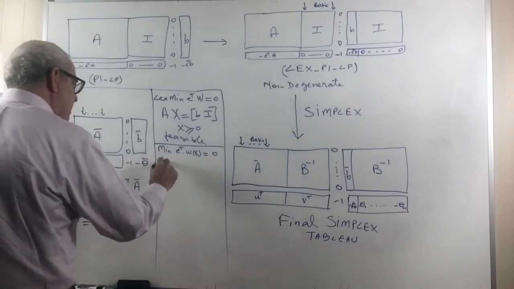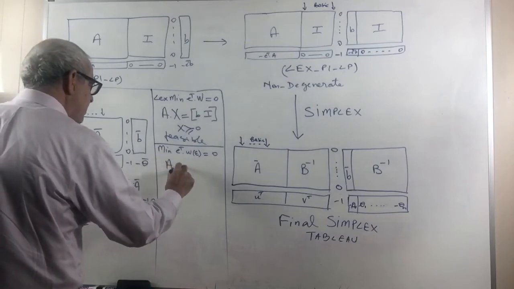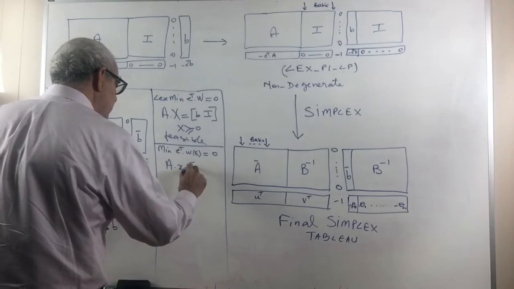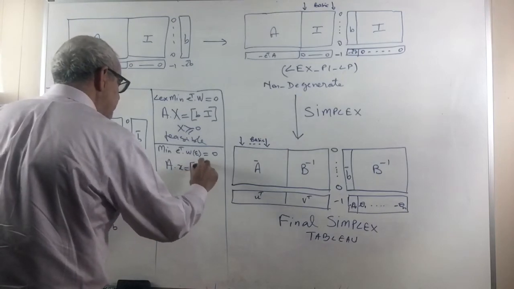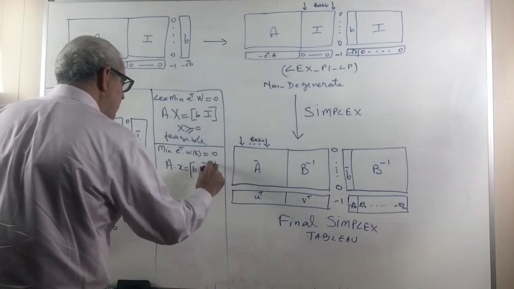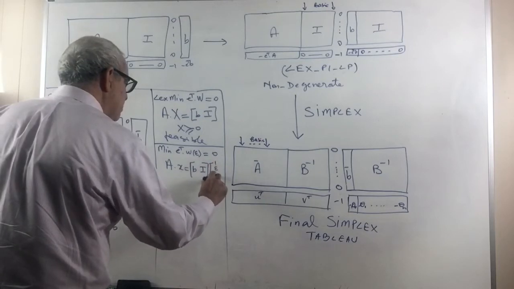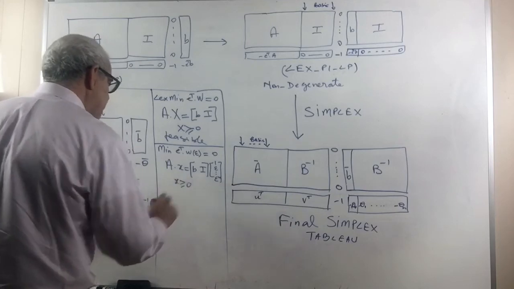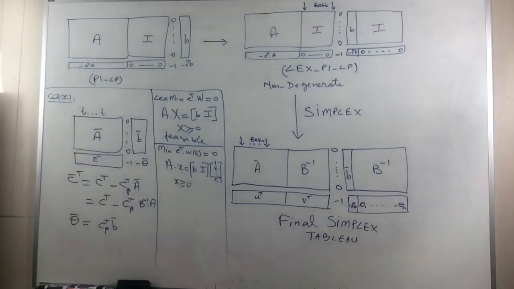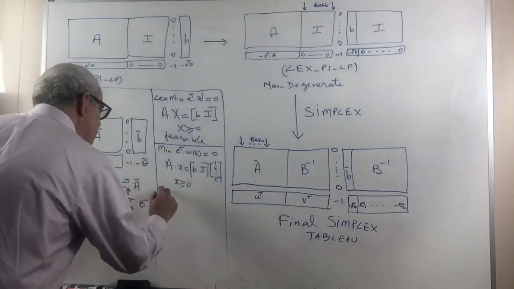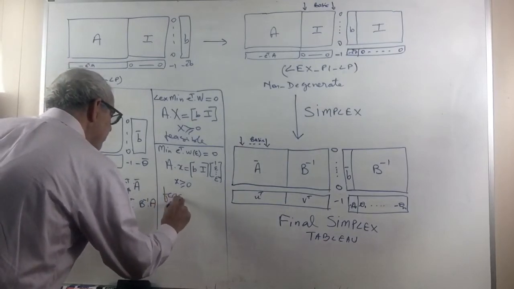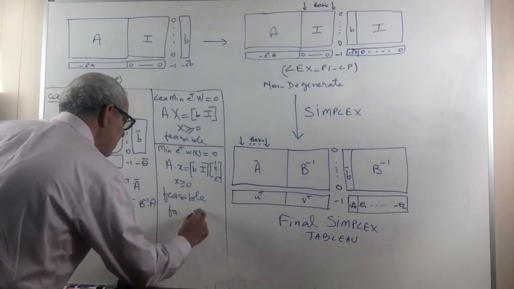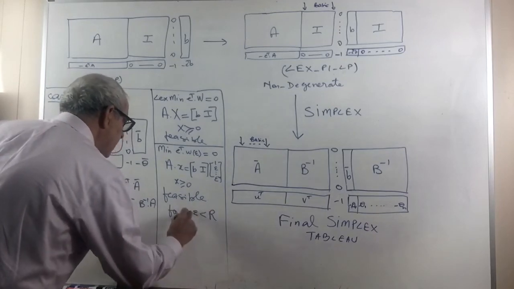So therefore, A dot X equal to BI times 1, epsilon, etc., epsilon to the power m, X greater or equal to 0. This linear program is feasible for epsilon less than r and greater or equal to 0.